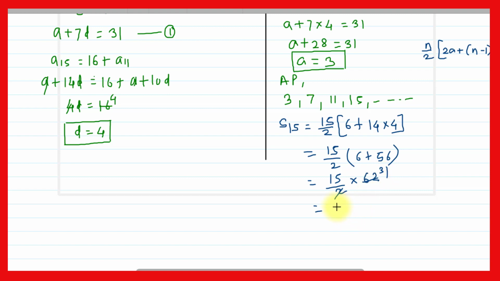So 15 into 31 is 465. So the sum of the first 15 terms is equal to 465. Highlight this also.